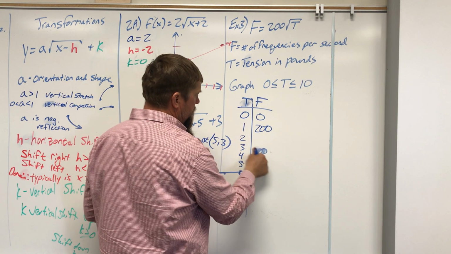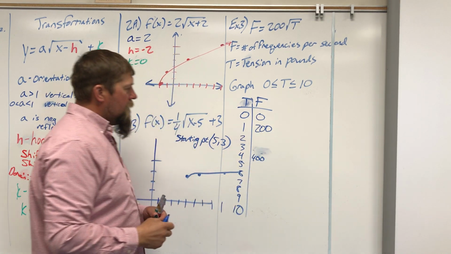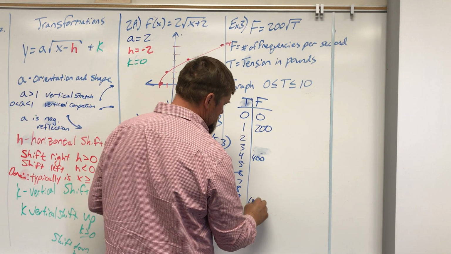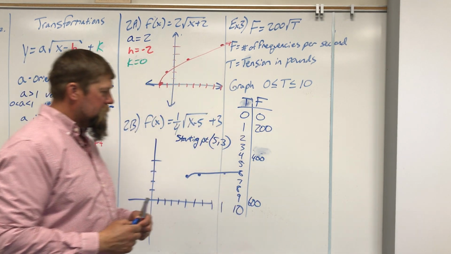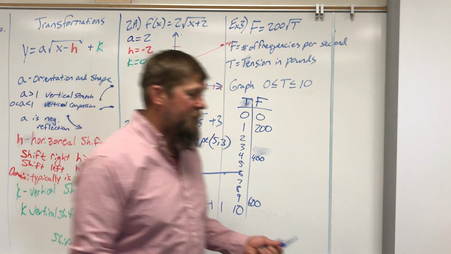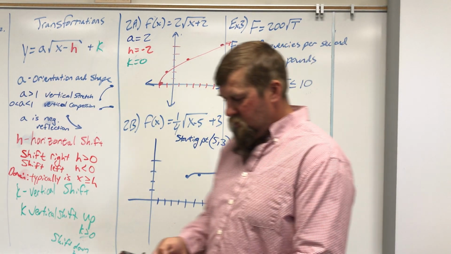Oops, I wrote that under 3. Sorry about that. And 9 would be 600 vibrations. If I put in 10, you would have to probably figure out what the square root of 10 is. I know it's going to be 3 point something. Let's go ahead and do that.